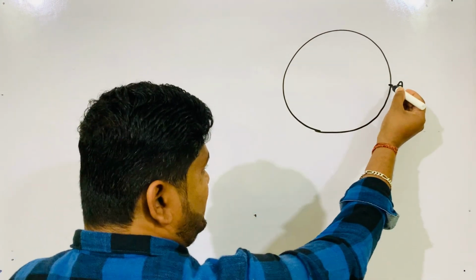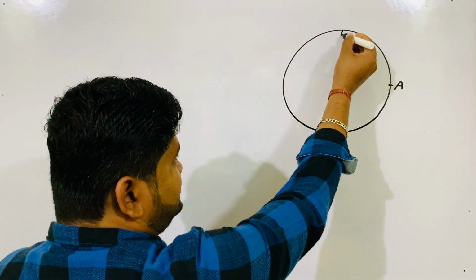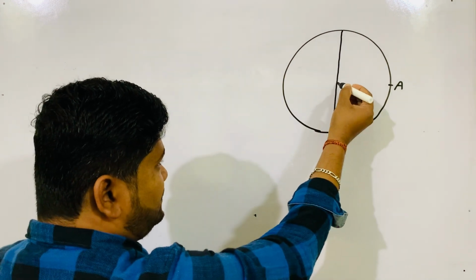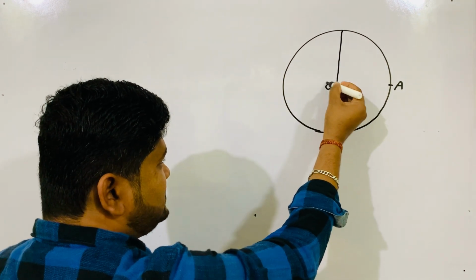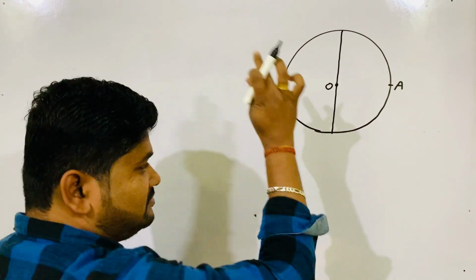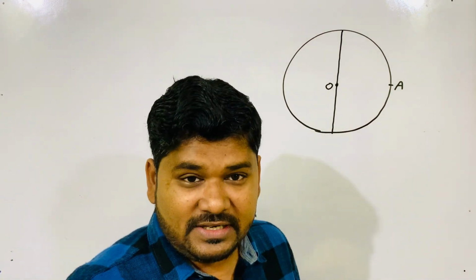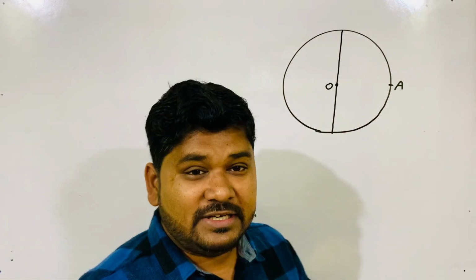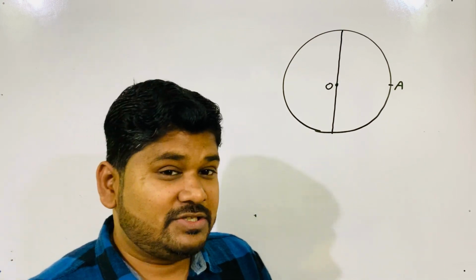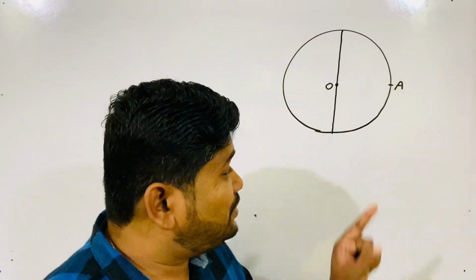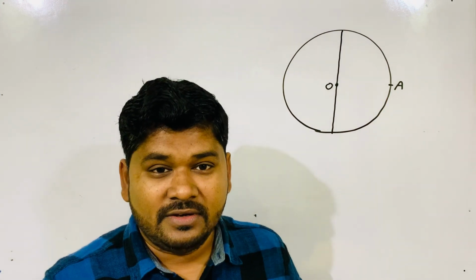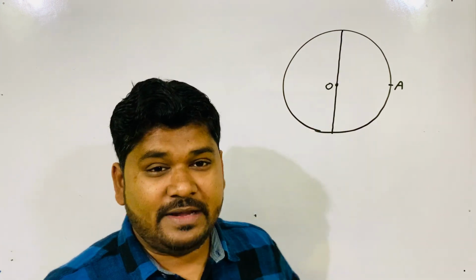If the body is at point A, let's draw one perpendicular. This is the center. The line passing through the center is the diameter. Let's draw a perpendicular from A to the diameter.